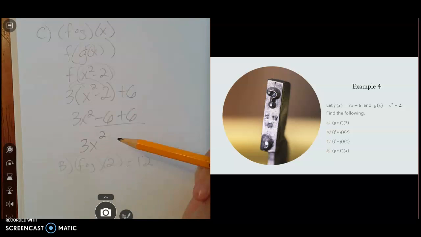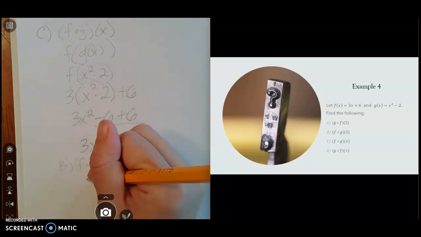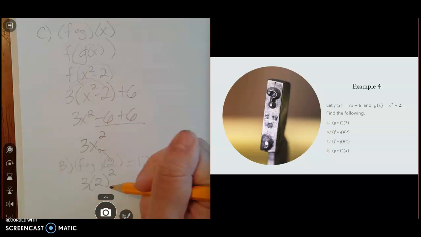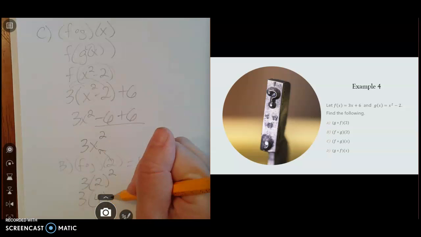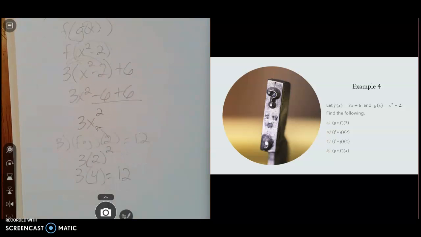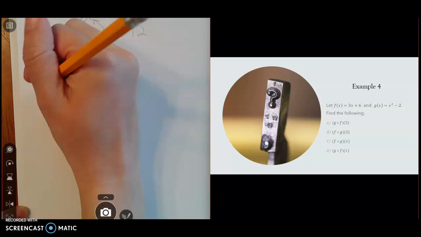If we put 2 into this expression that we just got, we'd have 3 times 2 squared, right? And you would do exponents before multiplication. 2 squared is 4. And then we multiply it by 3. And we would get 12 just like we did in part B, which is pretty cool. So that's a nice way to check yourself and make sure that everything's lining up the way it's supposed to.